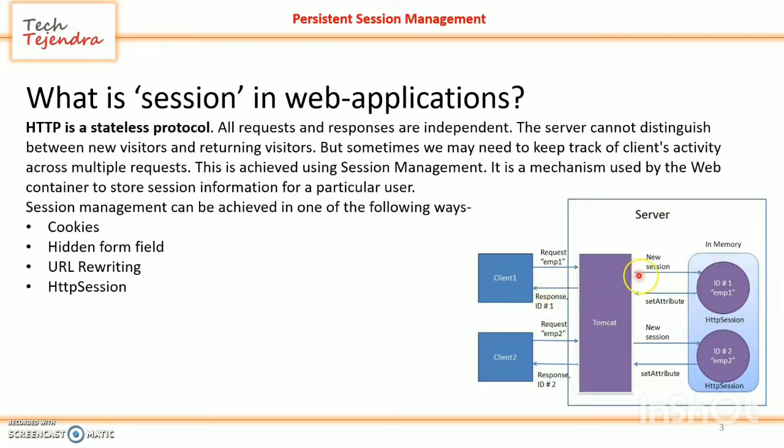In that case, a new session will be created between client 1 and the server, and the session information will be stored as an HTTP session object. Likewise, once client 2 sends a request, the Tomcat server will create another HTTP session object inside its memory, and it will represent the session of client 2.